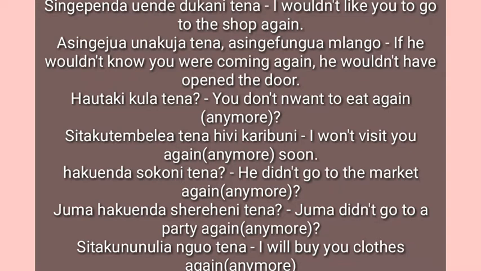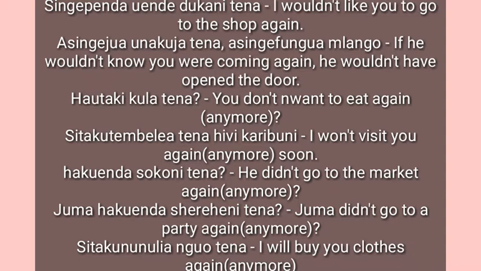Sitakutembelea tena hivi karibuni. A new phrase, hivi karibuni, which means soon. Sitakutembelea tena hivi karibuni. I won't visit you again soon, or I won't visit you anymore soon.